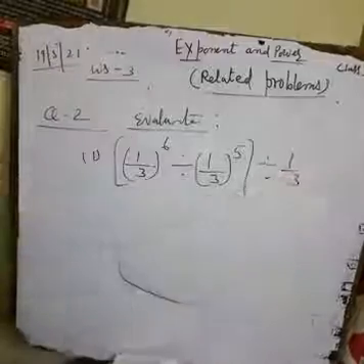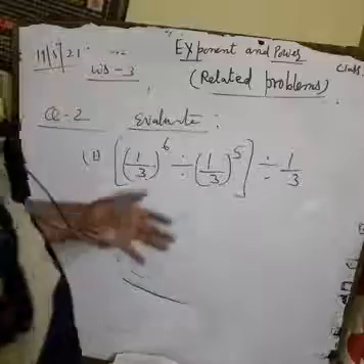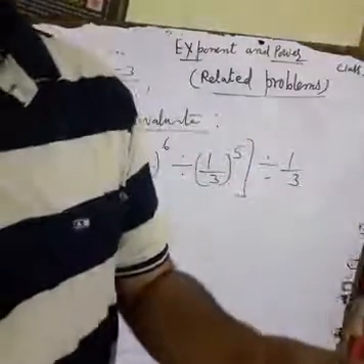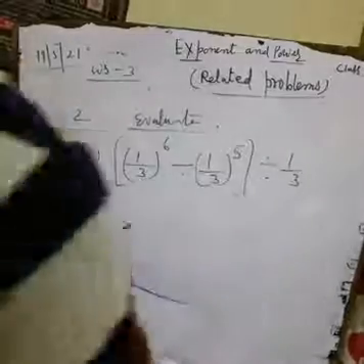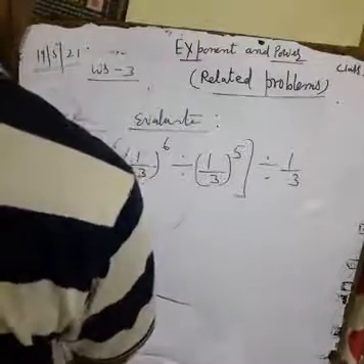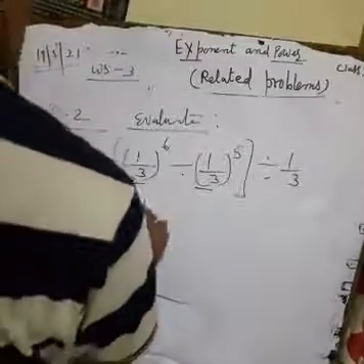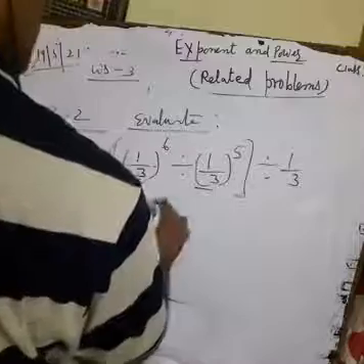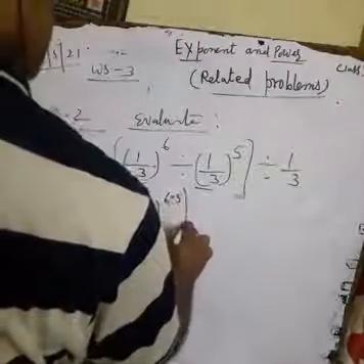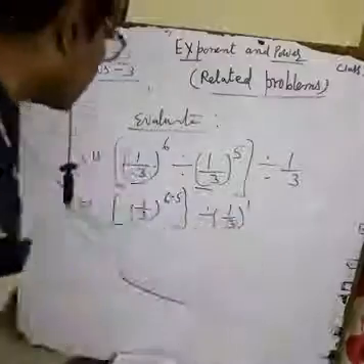In this question, according to the BODMAS rule, bracket of divide, multiply, add and subtract. First we solve the bracket. If we observe in the bracket, base is same, in the form of divide, power will be 6 minus 5, divided by 1 upon 3 to the power of 1.